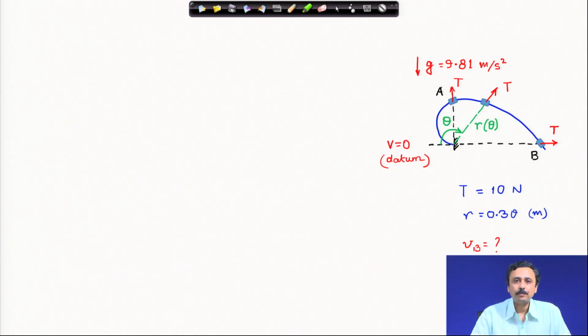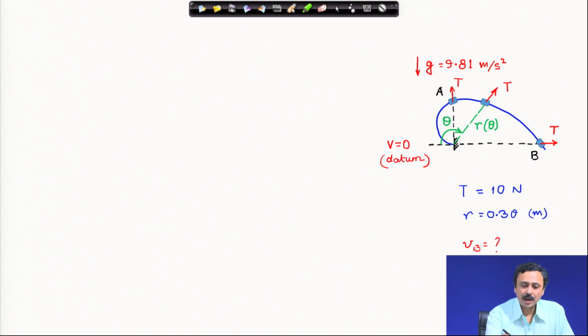Now, whenever we apply the work energy relation and represent potential energy, here we have the gravitational force field acting, which is a potential force field, and we know its potential energy expression or the scalar potential function, which is denoted by V. For this V we need to define a datum where V is equal to 0.